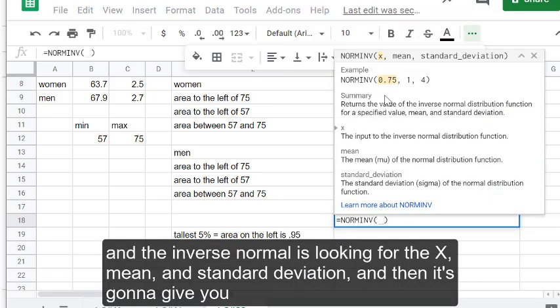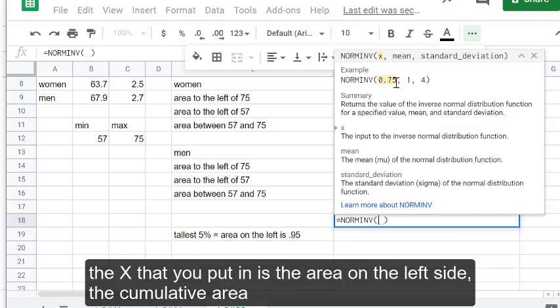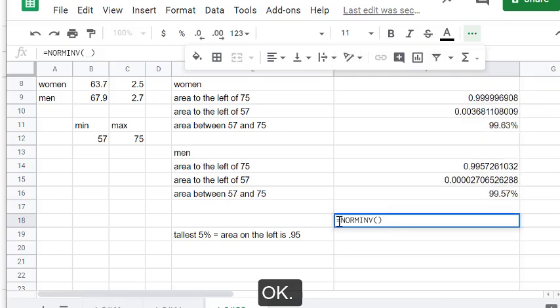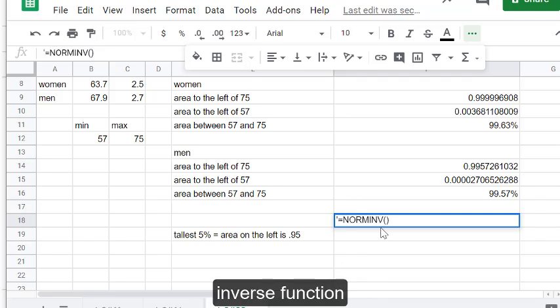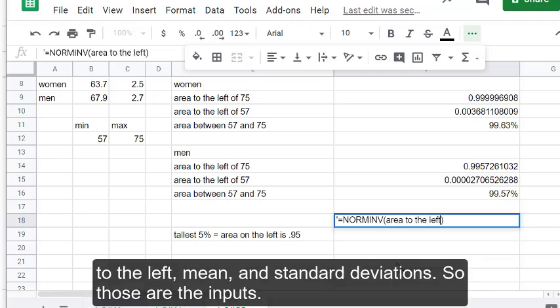And the inverse normal is looking for the area, the mean, and standard deviation. The area that you put in is the area on the left side, the cumulative area. Okay. So it's going to be the normal inverse function, and then area to the left, mean, and standard deviation. So those are the inputs.